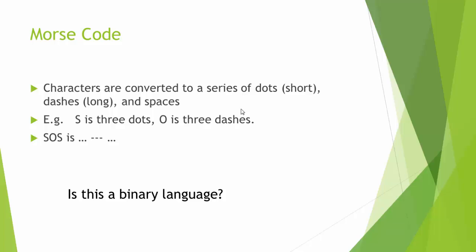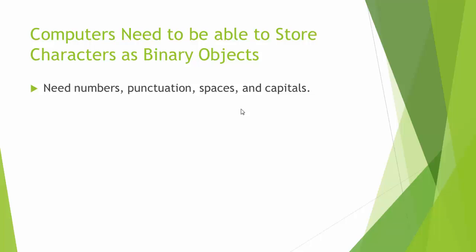We can have the dots and the dashes, but we also need to have a space in between. And so another way of looking at this is a 0, a 1, and a 2 that are available to us in our encryption. So we can't use simple Morse code.